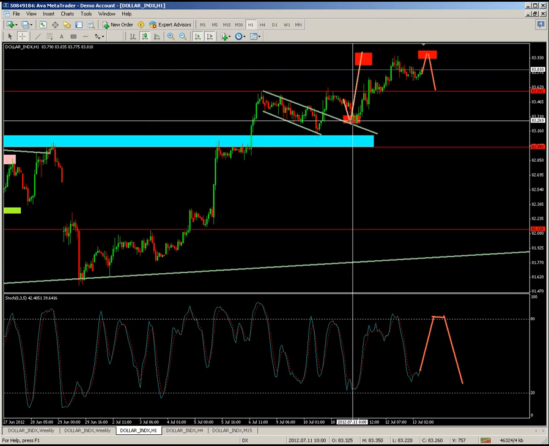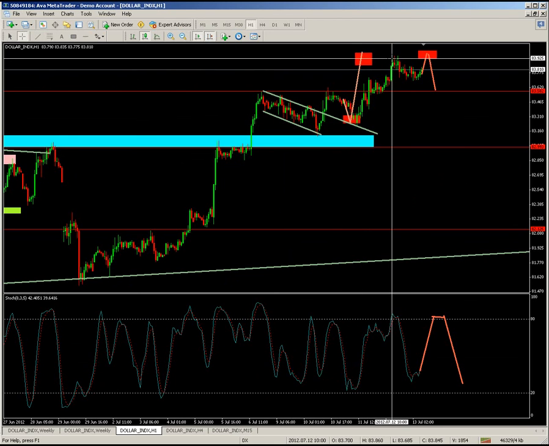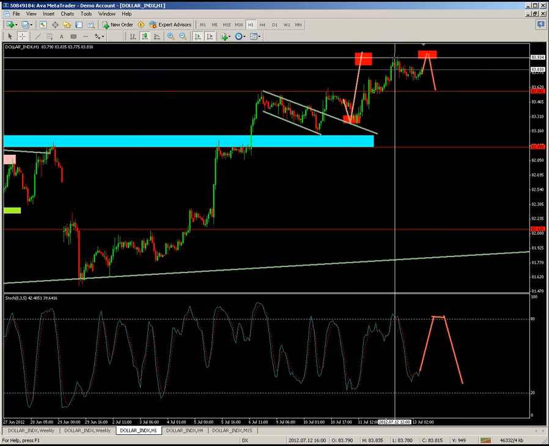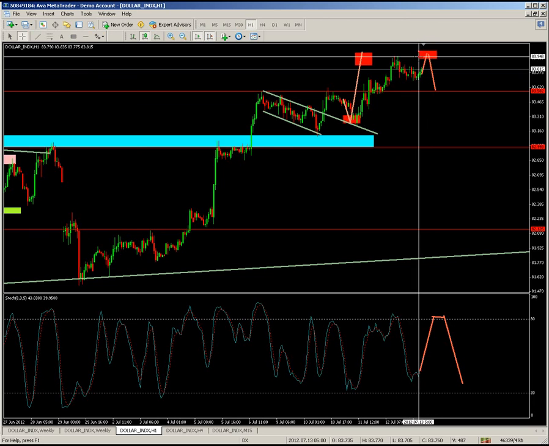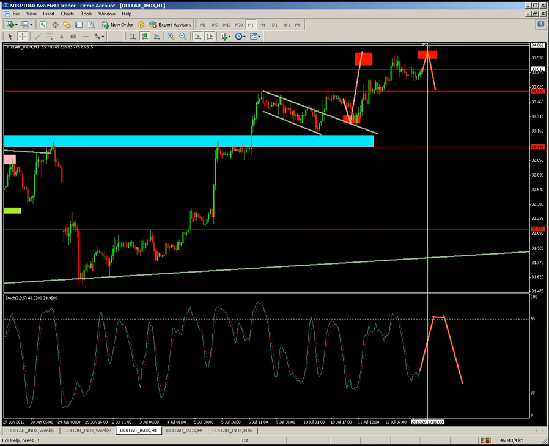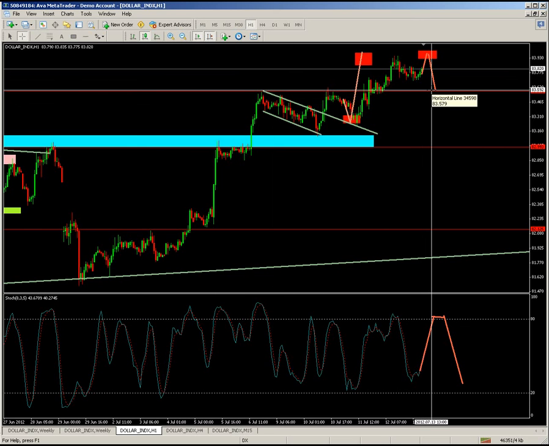So I entered this long on the Wednesday, kept it until yesterday, and now I'm looking for a push up into the 84 zone, so a double top, maybe even a higher high, before I take a short to take it down to the mid 83s, so mid 83 area on the dollar index.